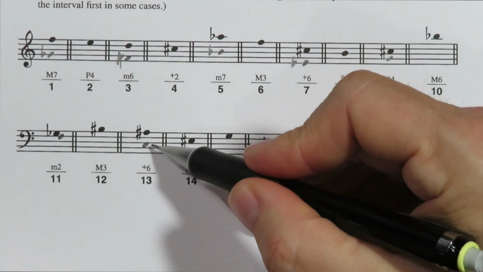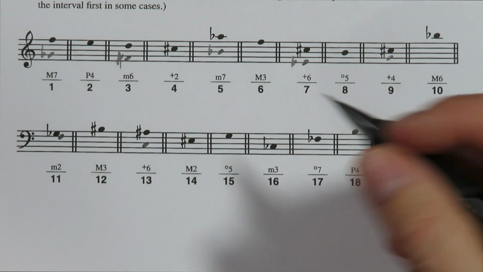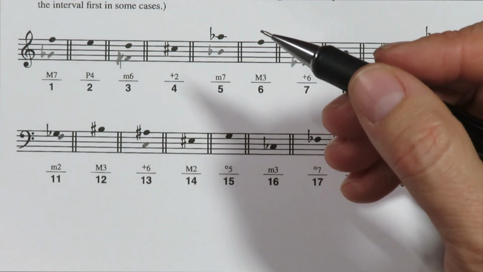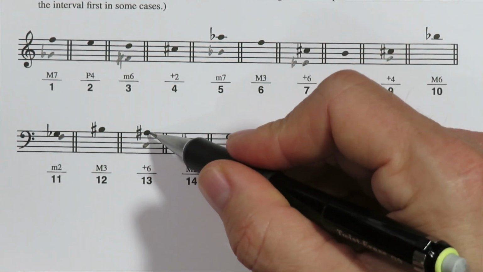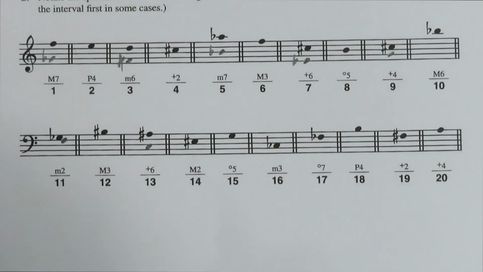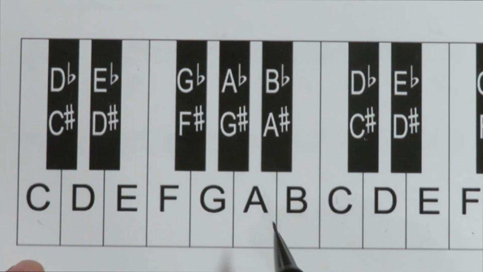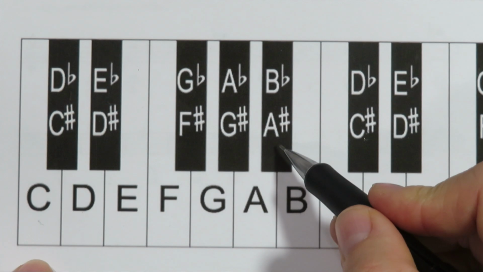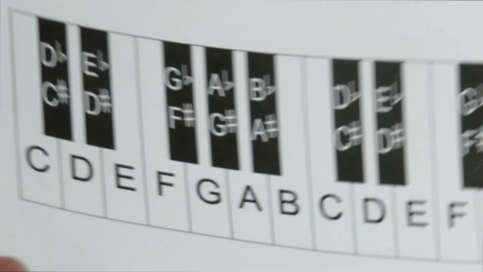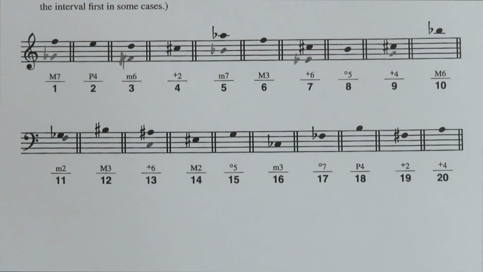Now, C to A sharp looks like it's already augmented because C to A is a major sixth, right? We know in the C major scale are all naturals, right? So that would be a major sixth. We augmented it by going up a half step.